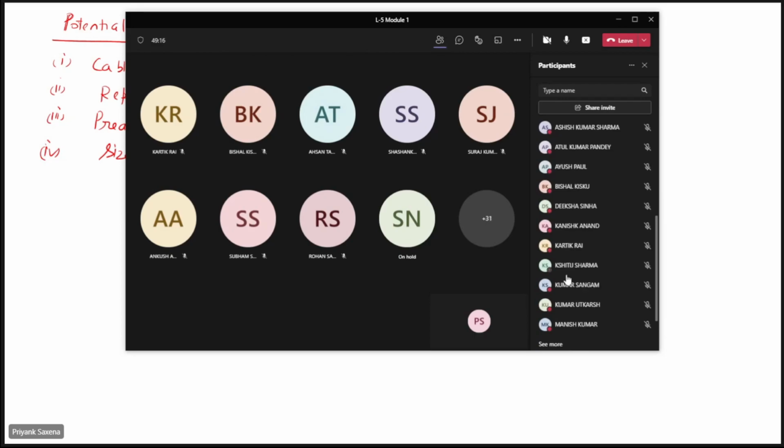Kumar Sangam, can you say what is delay distortion? Shubham, delay distortion, you have read all this in data communication. What is delay distortion?